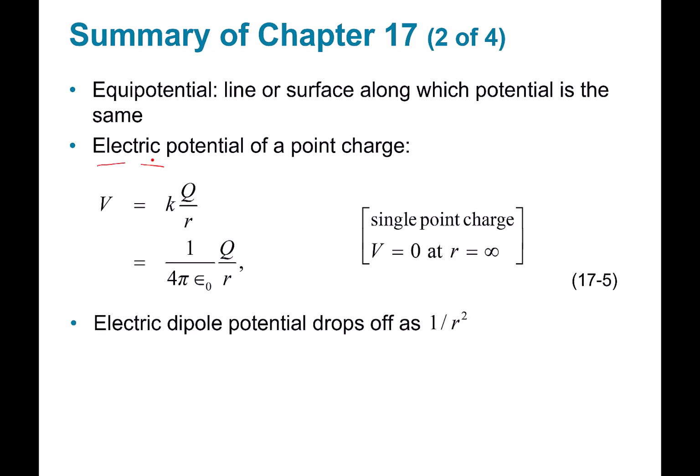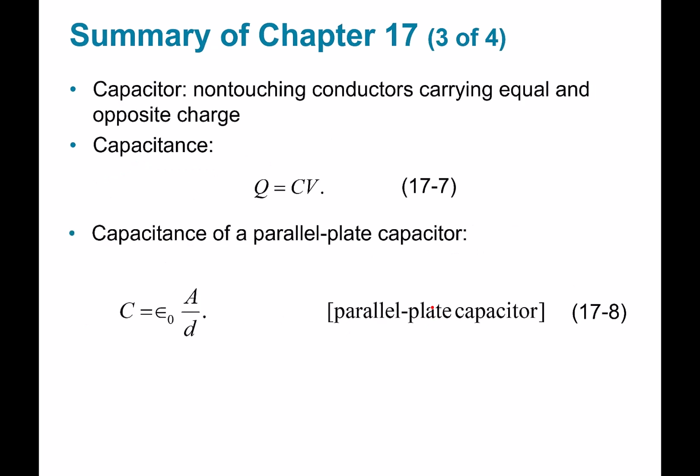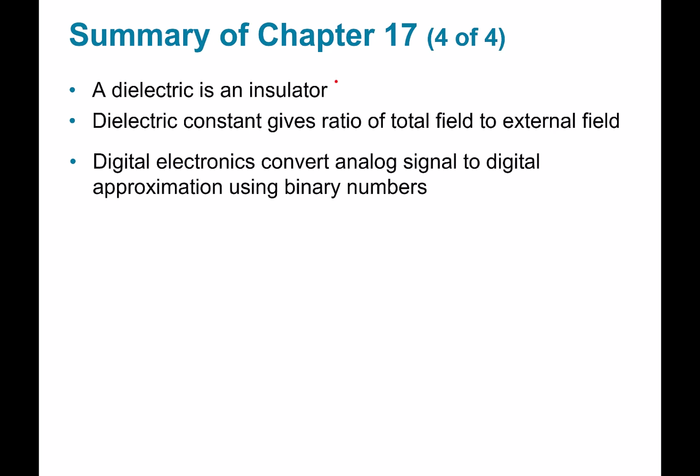We also looked into the electric potential at a certain distance from the source charge, and we found that the electric potential at infinity is 0. The electric dipole we did not look into, as it is more complicated for your course. Capacitors, definitely yes: we looked into the capacitors and the relationship of Q and CV, and capacitance without a dielectric and with a dielectric.